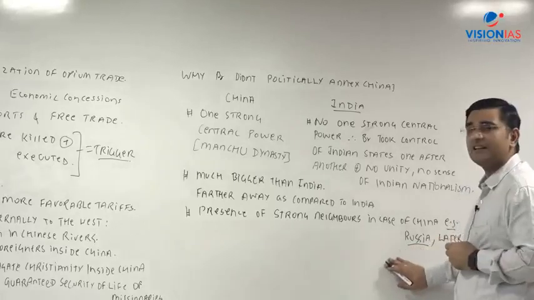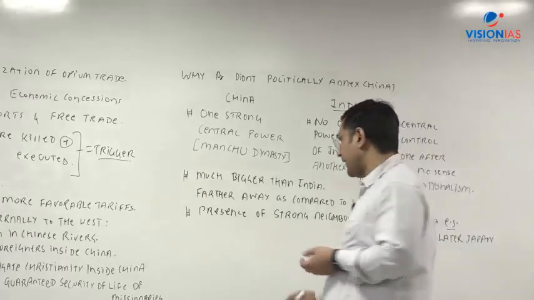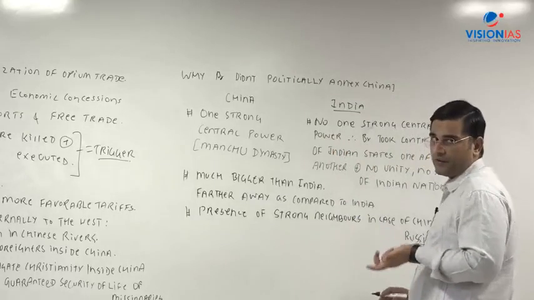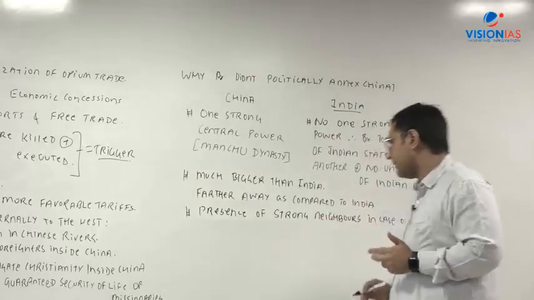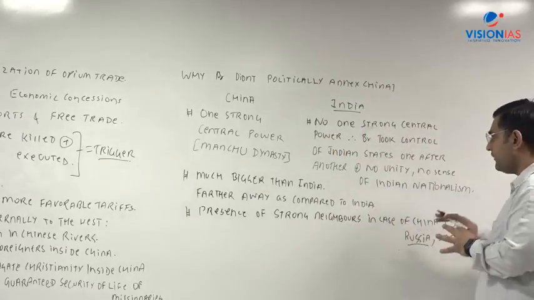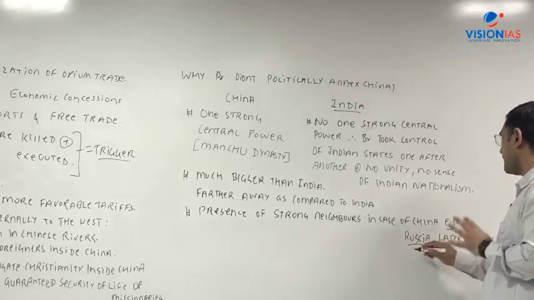So other regional powers had interest. The US would also have interest in the Pacific, and China is touching the Pacific. But we can mention that there was presence of strong neighbors in the case of China, like Russia and Japan.